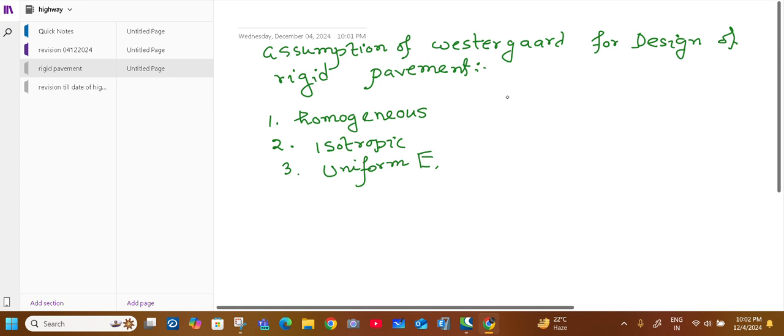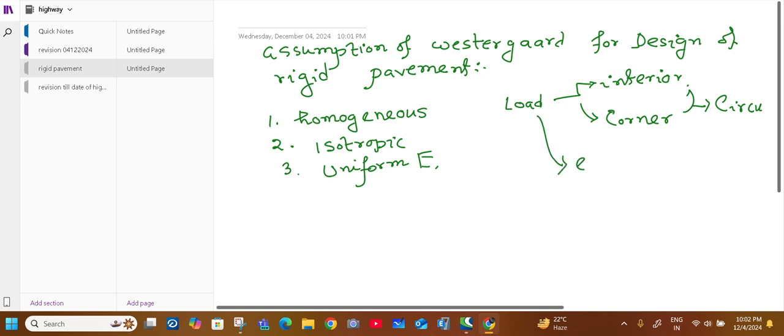The load at interior and corner is circular in shape, and at the edge is semicircular.